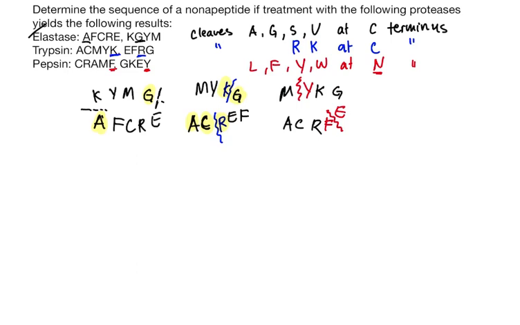So we determined KG, AC are before. We know that Y should be over here so that you can form this tetrapeptide, and F should be here so you can form this other peptide over here, this pentapeptide. Therefore, M should only be here. So now we've accounted for all of the amino acid residues in this nonapeptide.